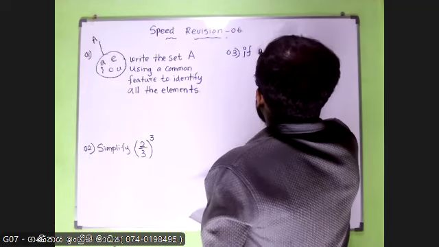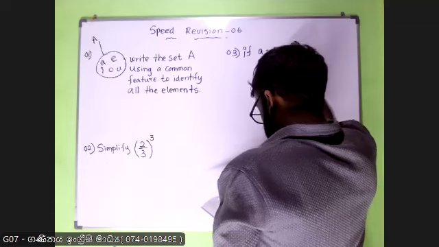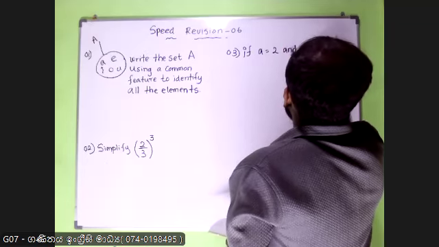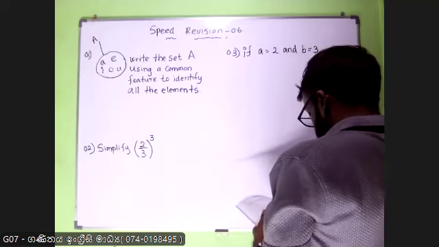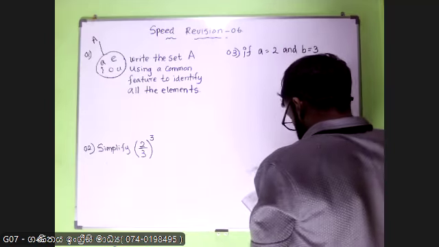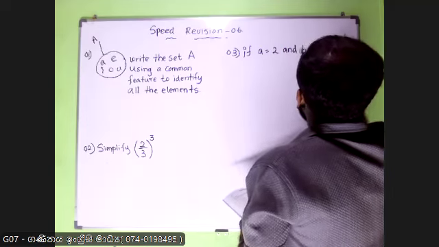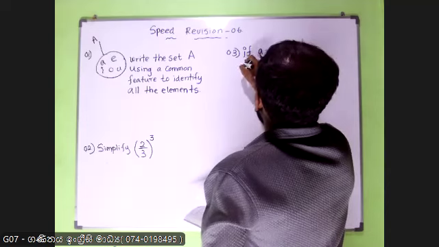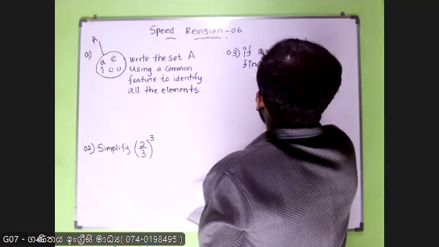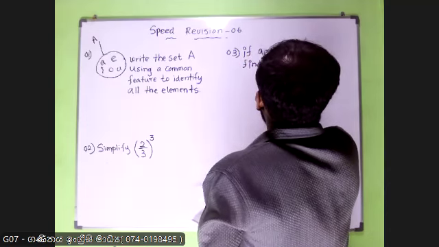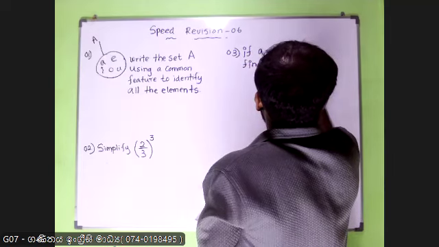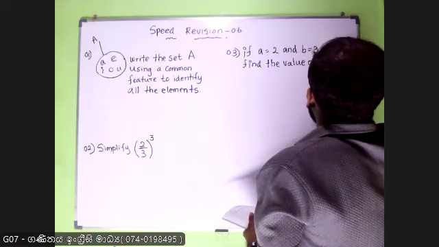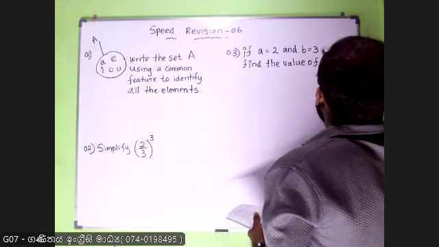If A equals 2 and B equals 3, find the value of A squared B squared.